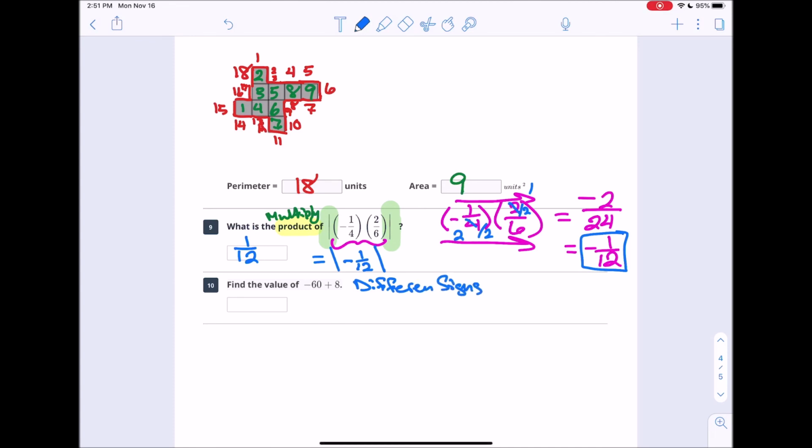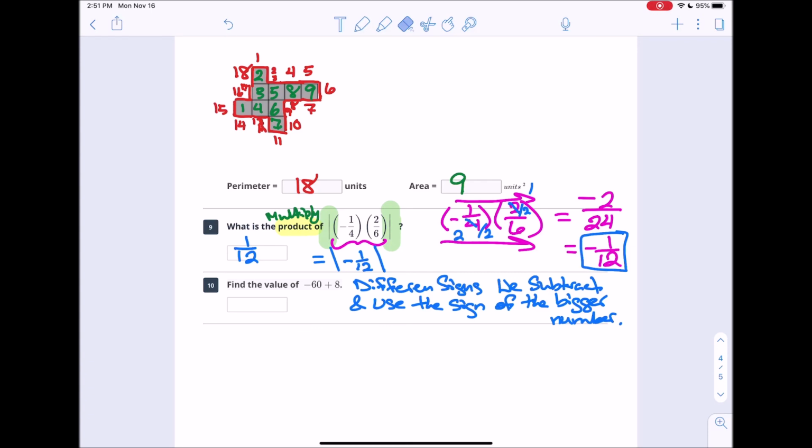So that means we subtract and use the sign of the bigger number. Okay, just like if they were the same sign, you would add them together and keep the sign. Different signs, you subtract and take the sign of the bigger number.